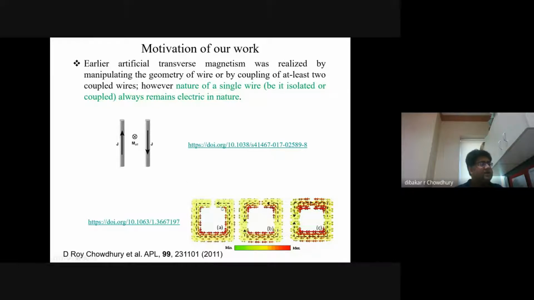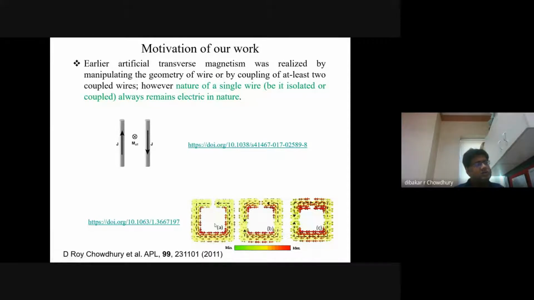Another way is to bend a simple straight plasmonic wire into a ring resonator. If you induce current, you have a circular current, and hence the magnetic field lines come out from the plane of the resonator.